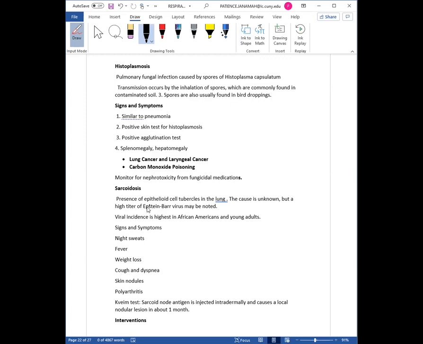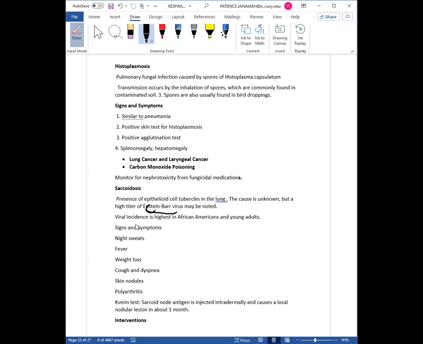That means you have either taken a vaccine for Epstein-Barr or you have had Epstein-Barr virus. You have been affected by this virus. Then when they do the titers, they're going to realize that it's high, but your complaint will be lung related. So they will see epithelioid cell tubercles in your lungs. When they see that and your titers are high, then they suspect that you have this one. Those are the two things that will notify the provider what your problem could probably be.